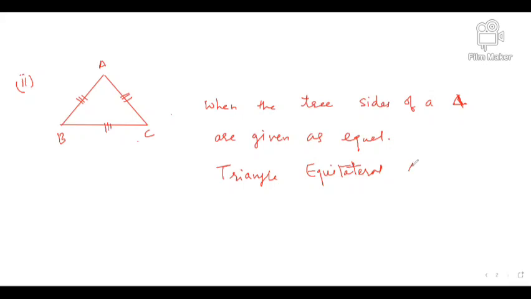In an equilateral triangle, all the sides of the triangle are equal. I hope the question is clear. Let's move to the third part.